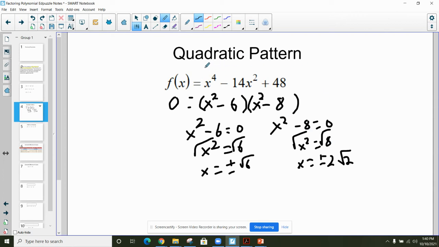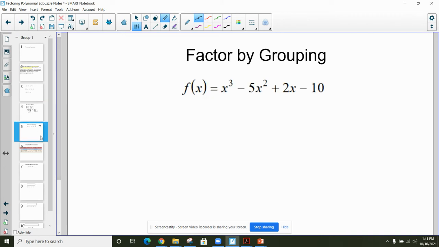The degree is 4, so we could have up to 4 x-intercepts. Factoring is what we're working on today, and later this week we're going to use factored form to find the x-intercepts.